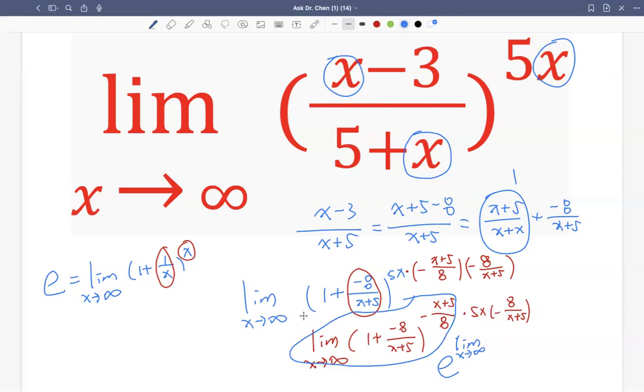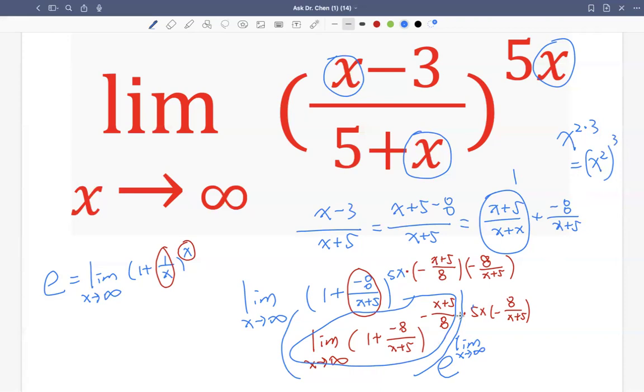Because we can think of this whole thing raised to this number. If we have a multiplication of two numbers in the exponent, we can do two layers. For example, x raised to 2 times 3, we can write as x squared then raised to 3. So that's what we're doing here.